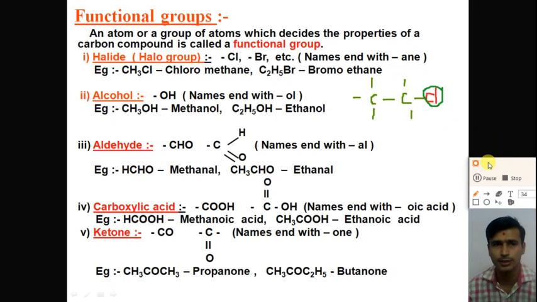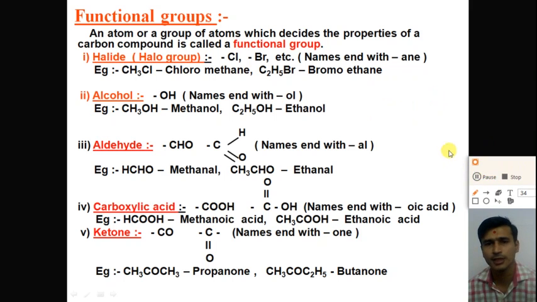So dear student, you have to make the molecular formula of all the halo group compounds: chloromethane, chloroethane, chloropropane, chlorobutane, chloropentane, chlorohexane. Similarly, you can make the molecular formula of bromomethane, bromoethane, bromopropane, bromobutane, bromopentane, bromohexane, right?